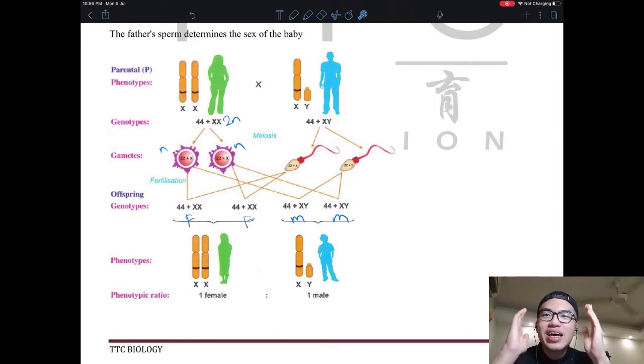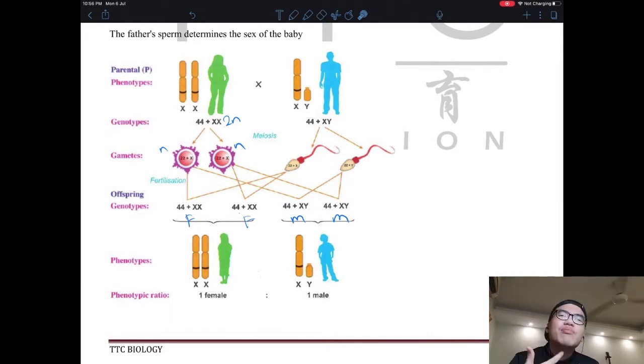You can't lie. There's no way for you to say, oh, you know what, I'm going to eat lemon and then it increases my chance of making a female. Does eating lemon make the Y sperm swim faster? No. This is like flipping a coin.